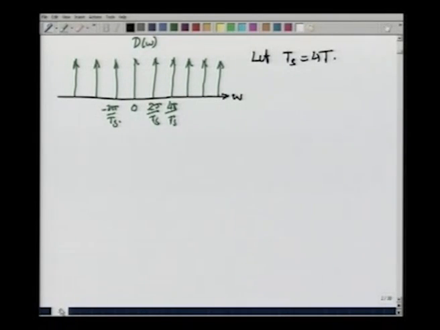So, now since Ts is 4 times t, the first zero crossing on the same coordinate frame will be found at pi by t.